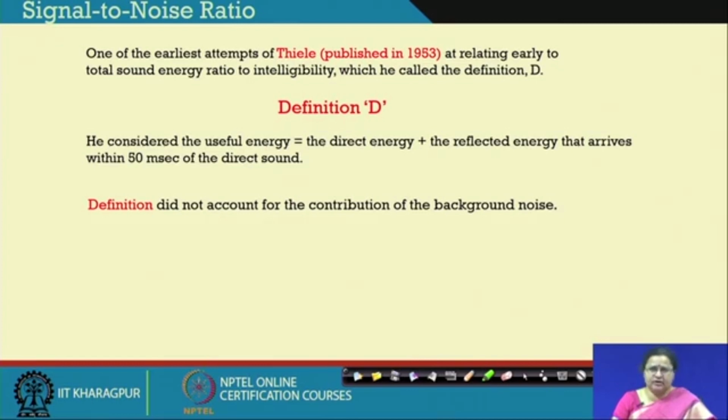And the earlier concept, the signal to noise ratio, which I already explained, is the impression Q, which is a ratio where the upper part is the important part which is required, and the denominator part is undesired. So, upper part is the desired sound, lower part is the undesired sound.